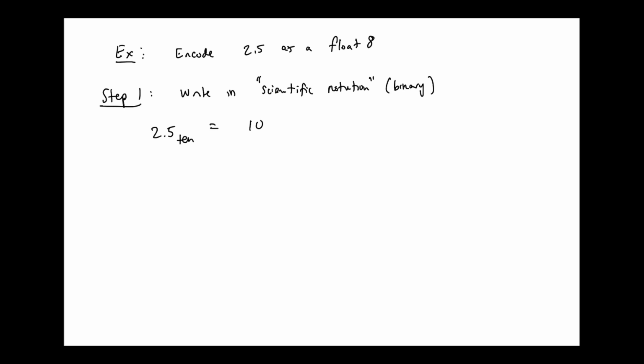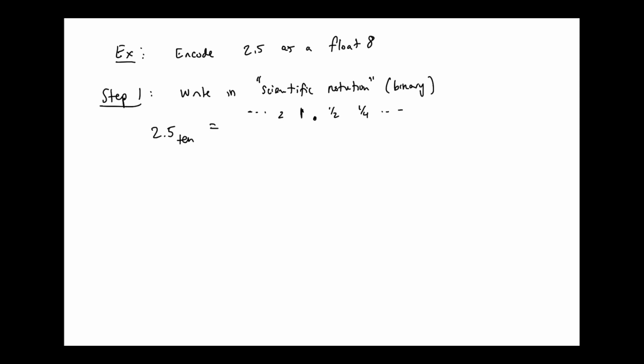So I would write down 2 would be this, right? 1, 0, and in fact, let me write it like that. Okay, so the 2, the 1, the 1/2, the 1/4, those are the place values.